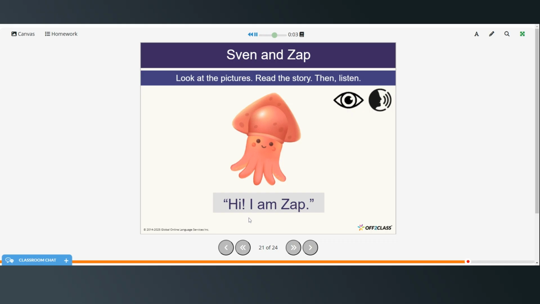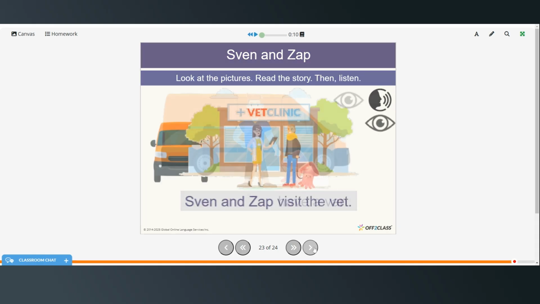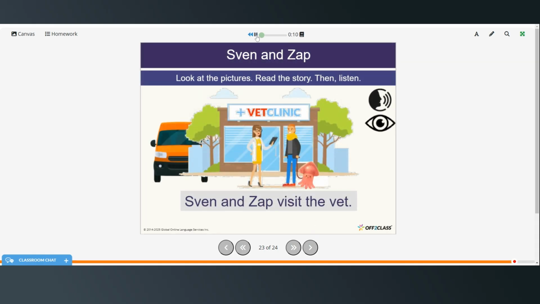Hi, I am Zap. Sven and Zap have a van. Sven and Zap visit the vet.